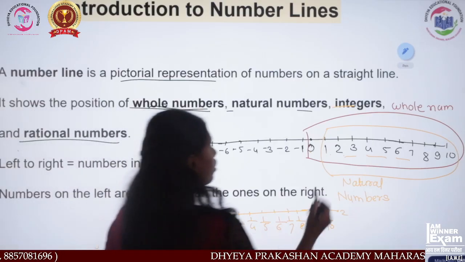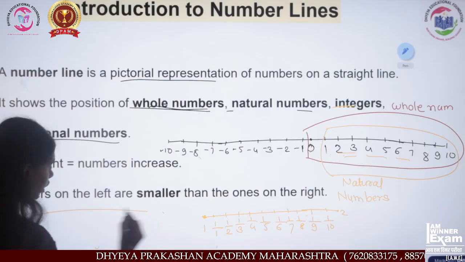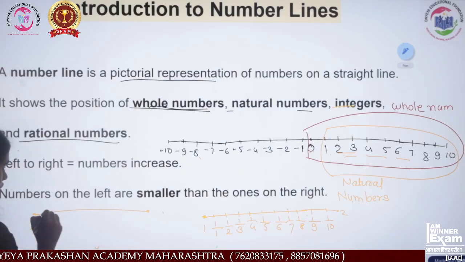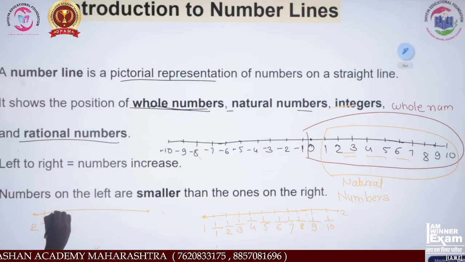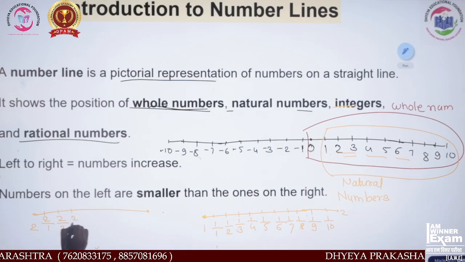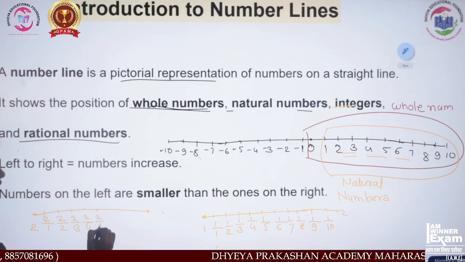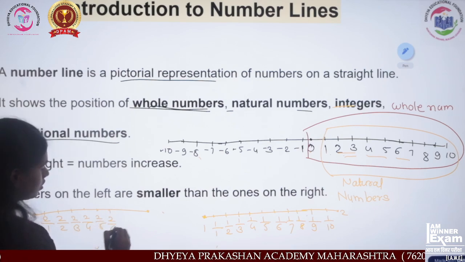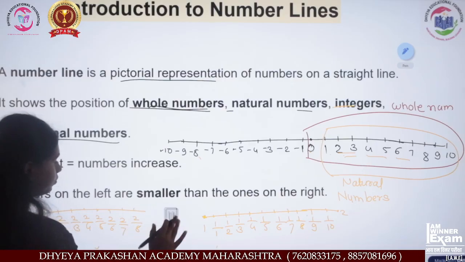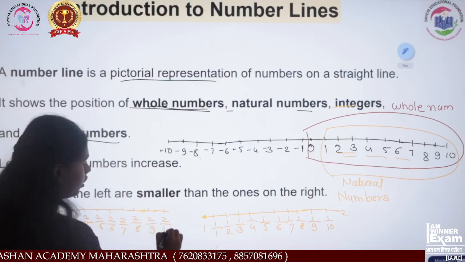Suppose you take 2 to 3, then it will be like this: here is 2, then 2 by 1, 2 by 2, 2 by 3, 2 by 4, 2 by 5, 2 by 6, 2 by 7, 2 by 8, 2 by 9 and 2 by 10.